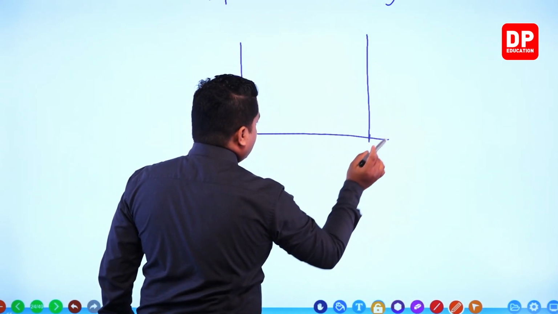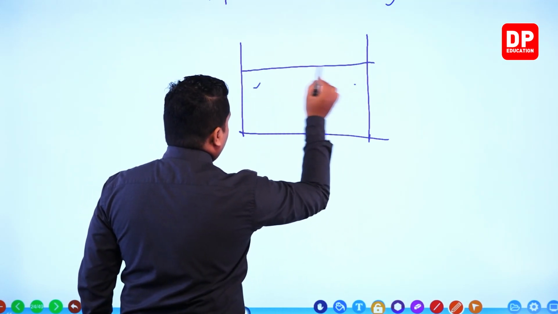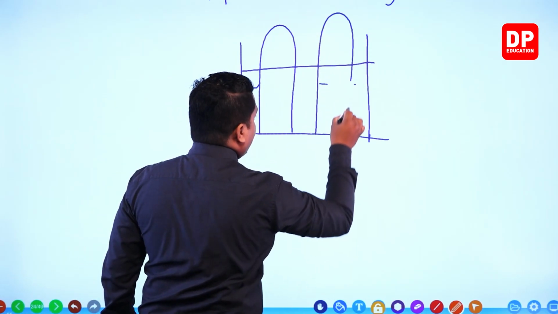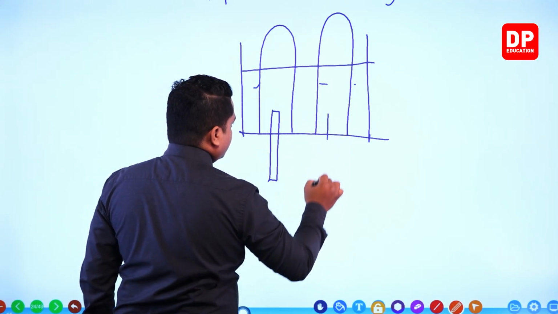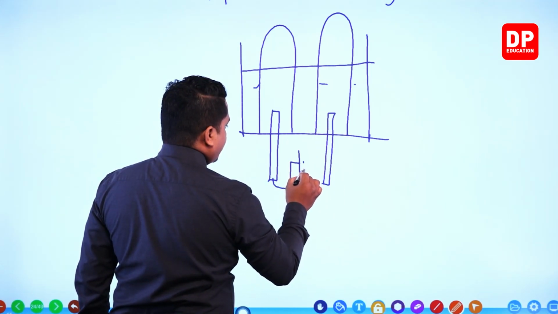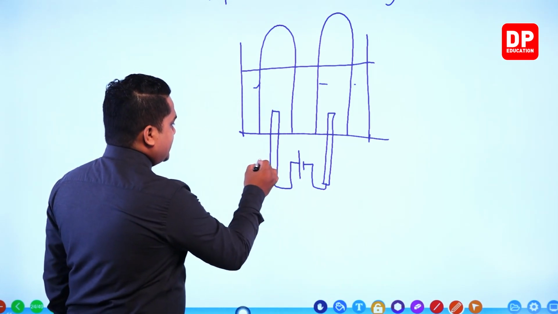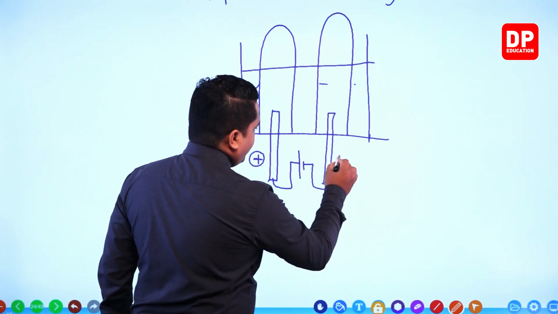You know that this is our system, the two electrodes. You provide electricity. This is the positive terminal, and this is the negative terminal.